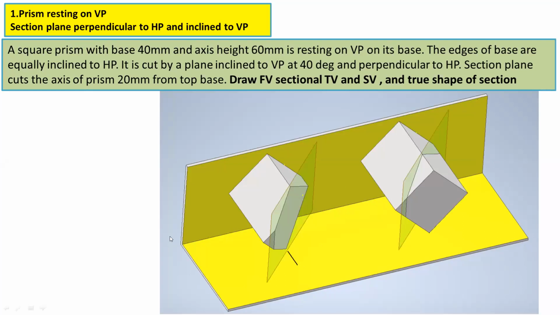Now this is the position of the prism in 3 dimension. In the second image, this is the complete solid and you can observe the auxiliary plane which is inclined to HP, VP and perpendicular to the HP.